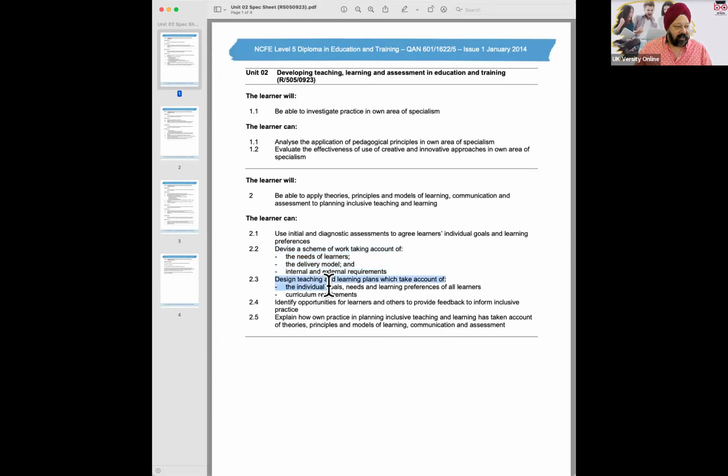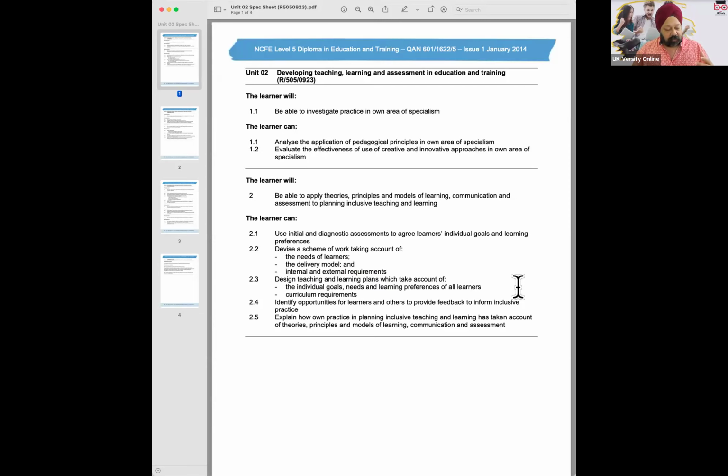The next one is design teaching and learning plans, which take into account, and this is where the ILP comes in. The ILP which I had shown, one was the long reference ILP, which was the Department of Further Education, Advanced Learner Loan, and the ILP which is for funded courses, wherein the government gives loans to learners.